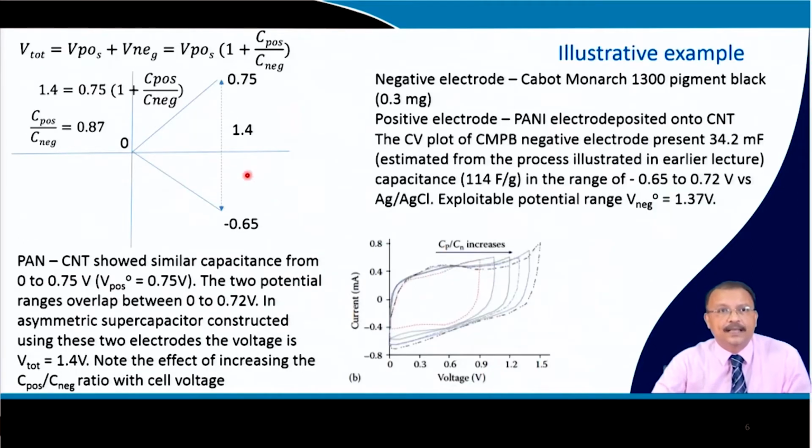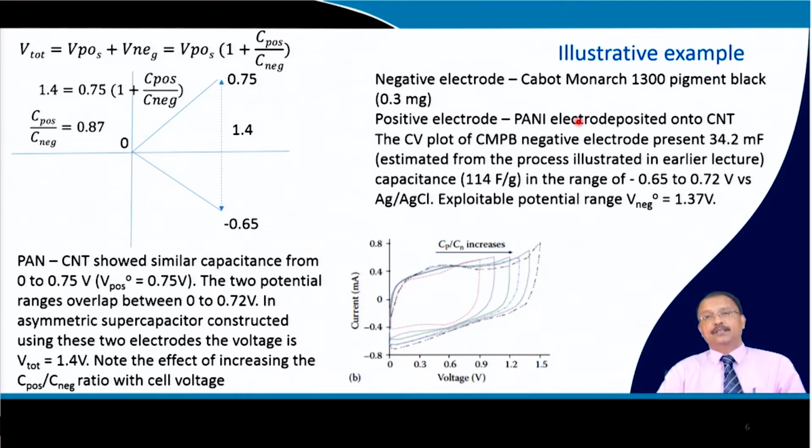So, this is one example. Say we are taking the example of this PANI CNT, which is a pseudocapacitive material, and in case of a negative electrode, I have taken a so called Cabot Monarch 1300 pigment black.